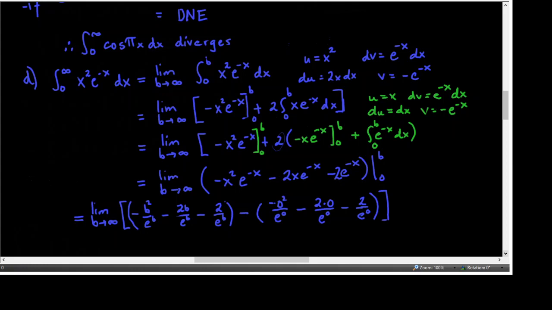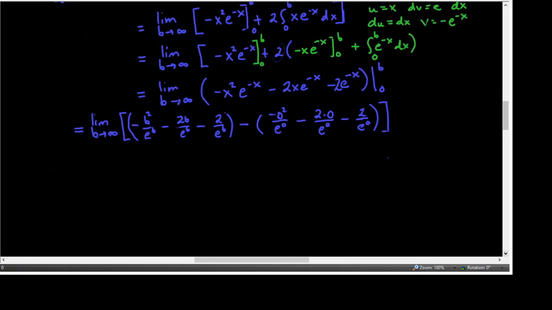So for the first term, the limit as b approaches infinity of negative b squared over e to the b. If I tried substitution, that would be negative infinity over infinity, which means this is a form for which we can use L'Hopital's rule. So by L'Hopital's rule, that very first expression will be the derivative of the numerator, so negative 2b, over the derivative of the denominator, coolest function ever, is e to the b.